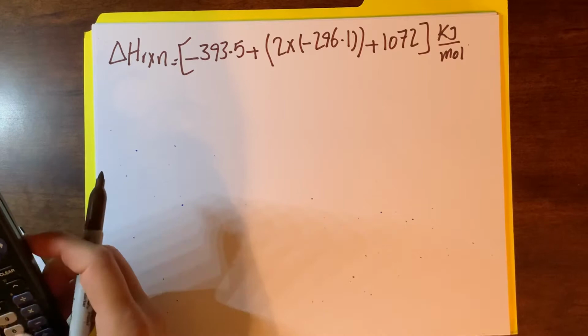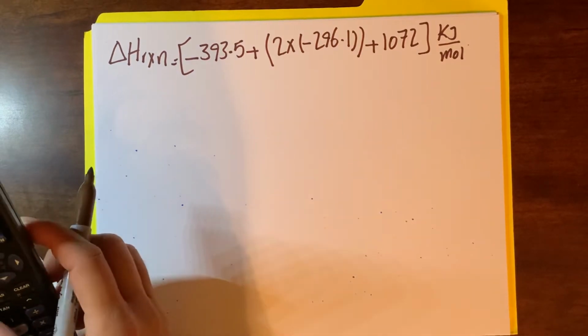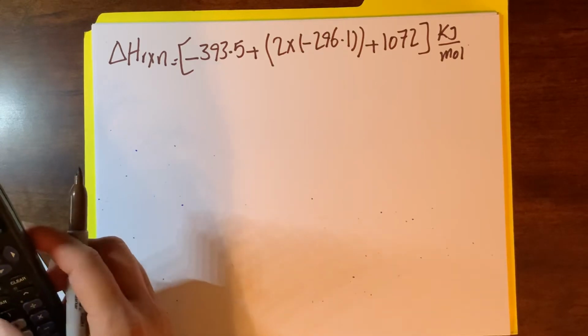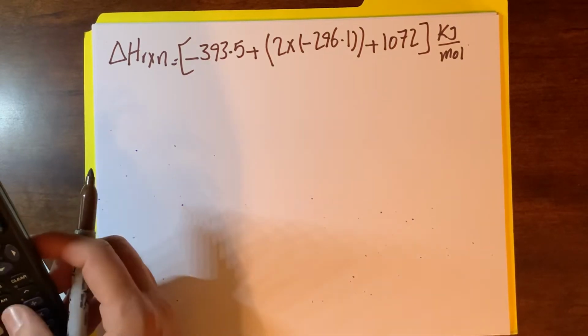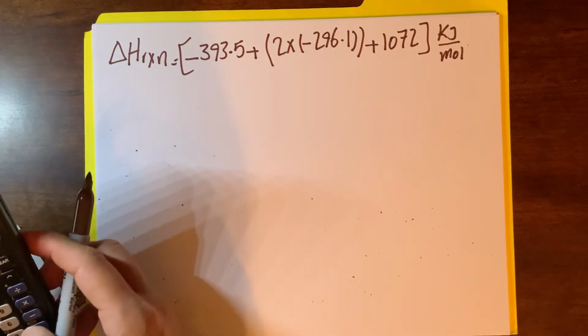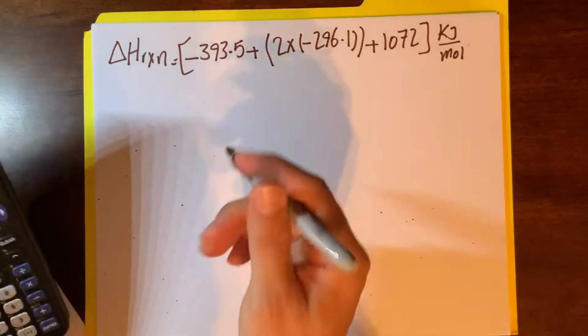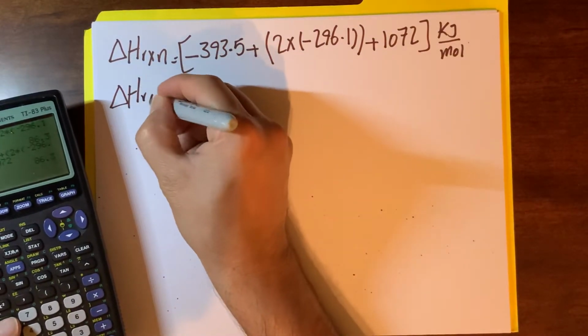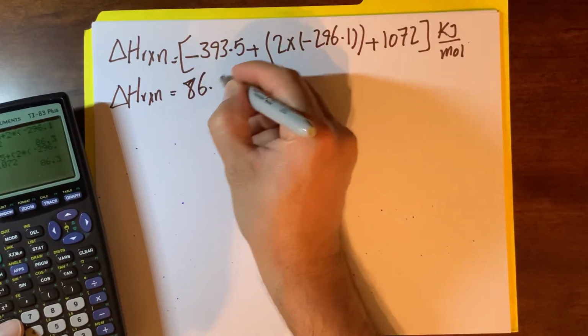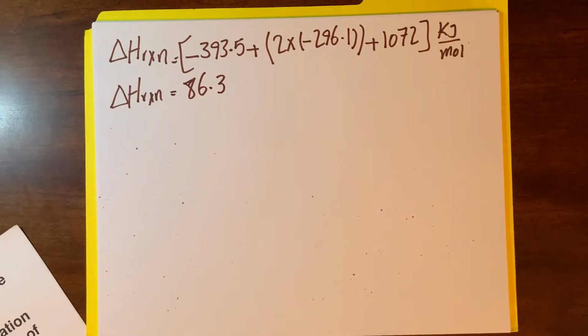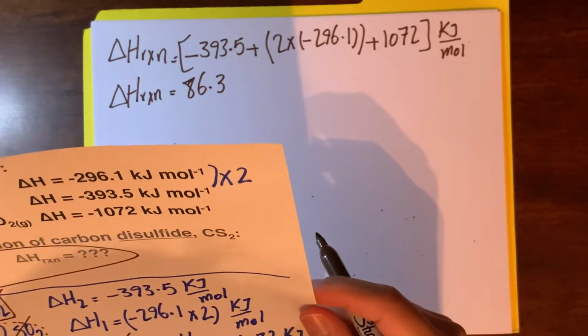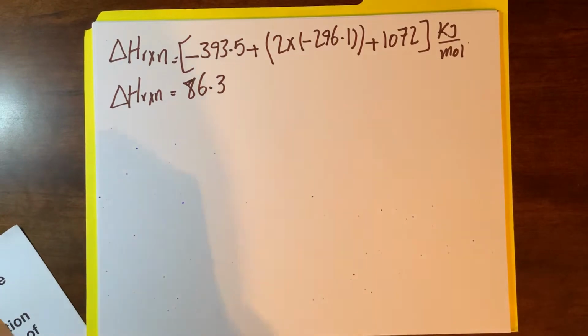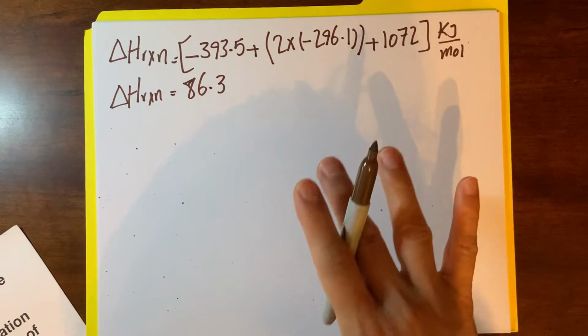Minus 393.5 plus 2 multiplied by minus 296.1 plus 1072 gives 86.3. So delta H of the reaction is 86.3. This makes sense because it's going to be positive, since the 1072 was the biggest number. Okay, cool. So now we got the delta H for the reaction, and this was Hess's law.